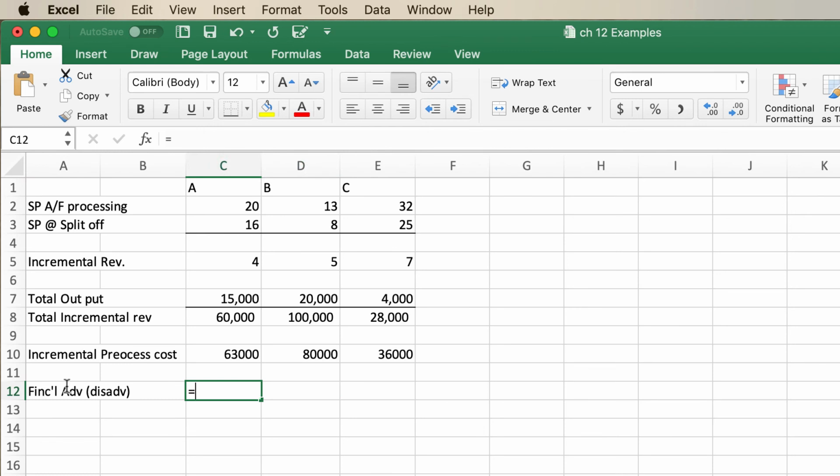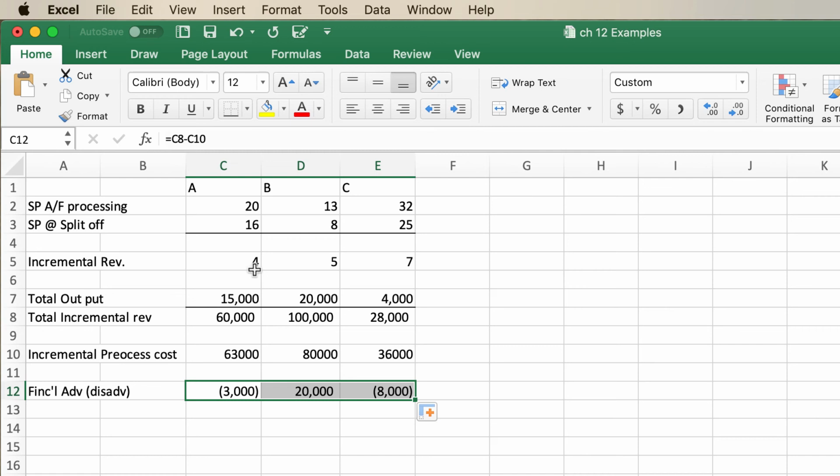Looking at this, product A and product C should actually be sold at the split off point.